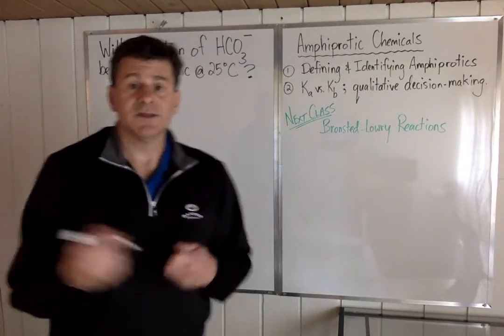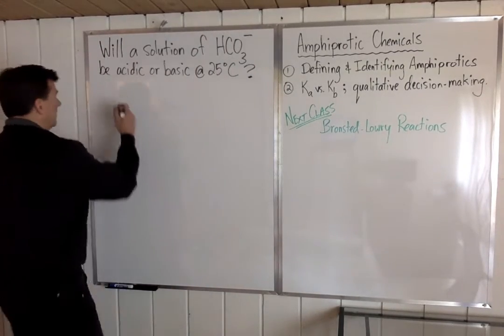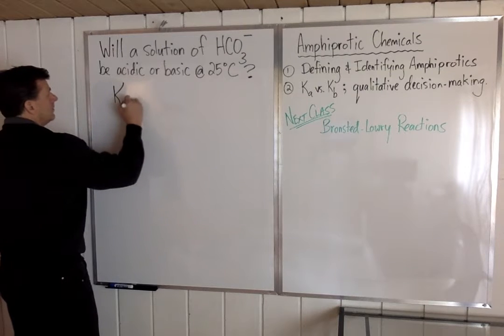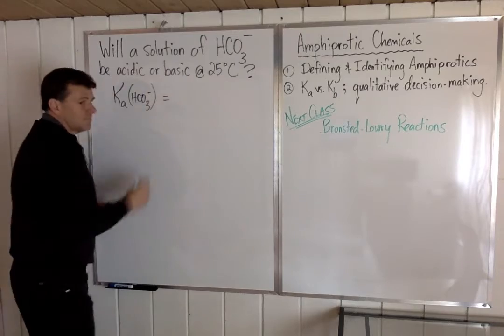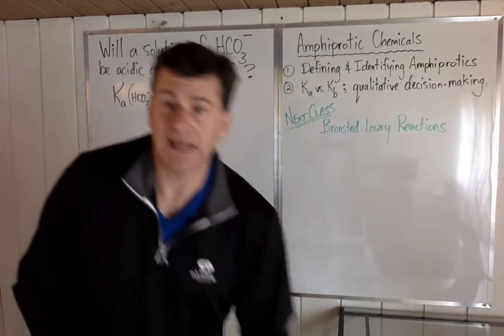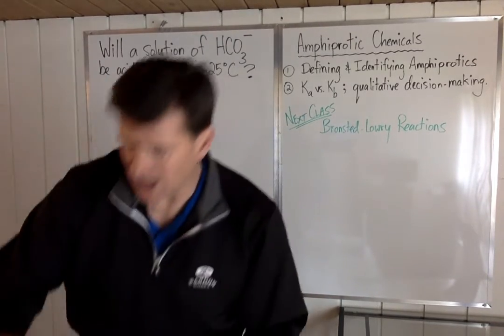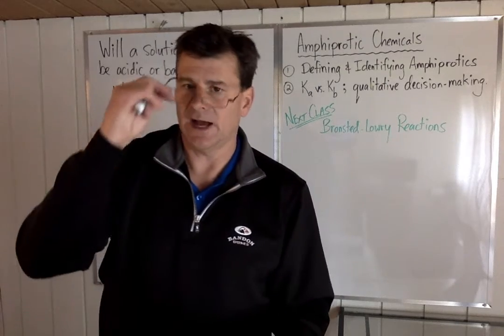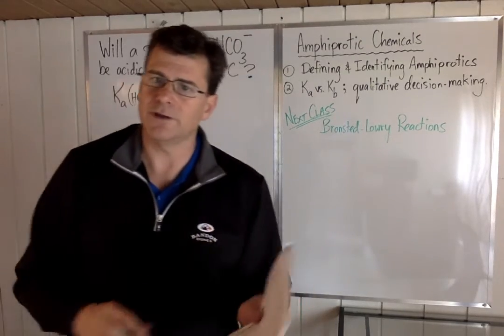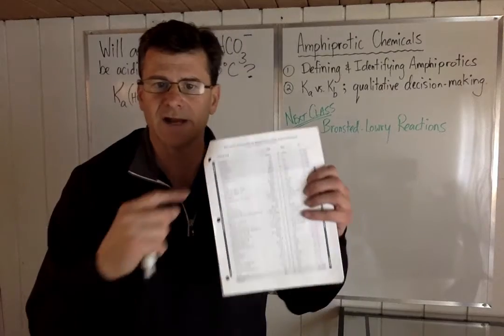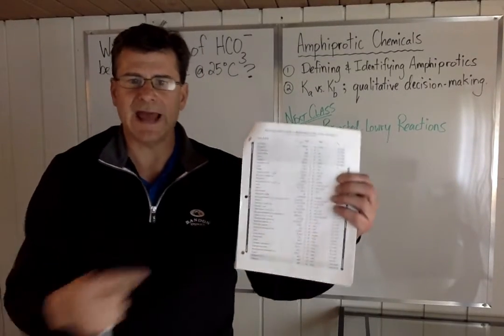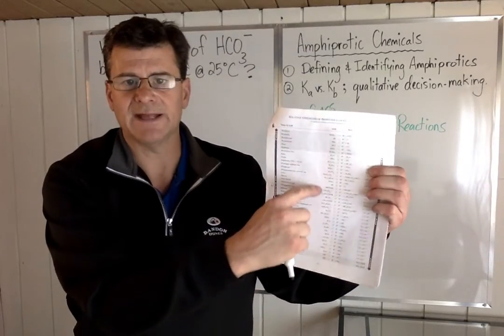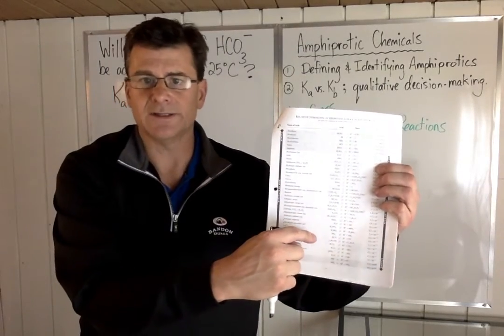So what you're doing is the Ka of HCO3 minus equals, and that's just off the table. So I pull out my table and I find, and be very careful where you're looking, because you don't want to go down the wrong side of the table. Because you're talking about HCO3 minus being an acid, you look down the left-hand side for where it's an acid.